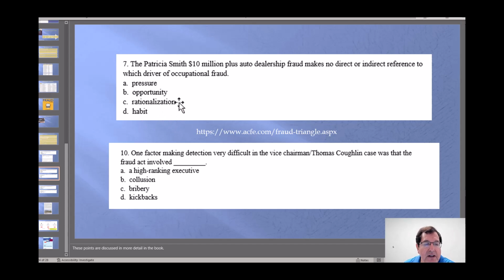So the answer is rationalization. A factor making Tom's case very difficult to detect was because it involved collusion. Collusion is when 2 or more people act together, and Tom had one of his subordinates help him with processing these fake invoices. And when there's collusion, it's always harder to detect, because we use segregation of duties as one of our fraud prevention methods.